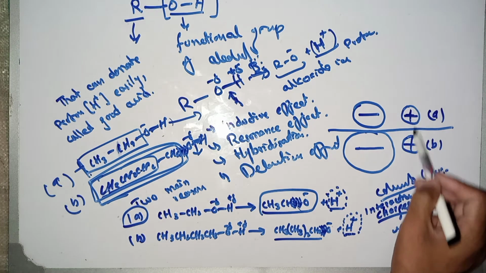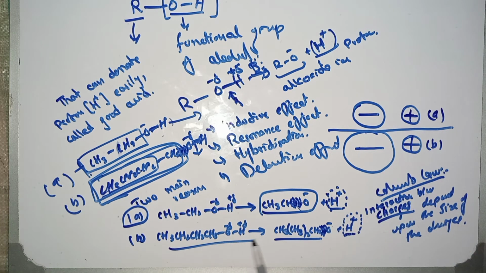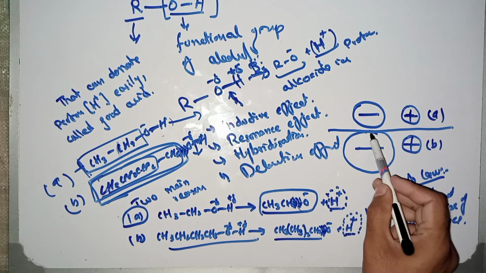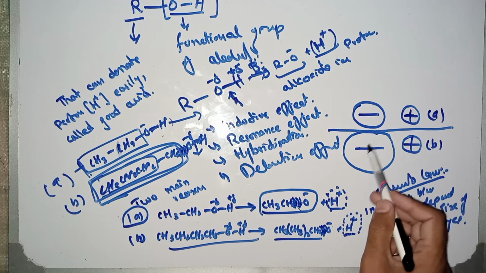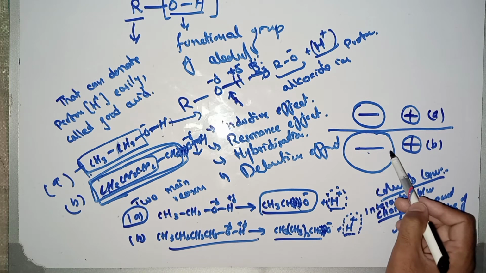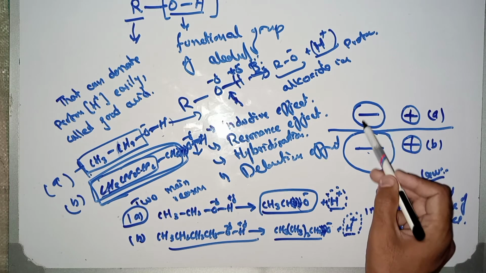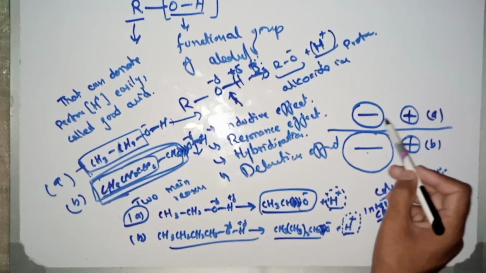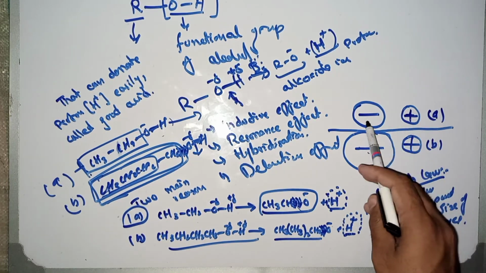So here in both cases the positive charge is the same, while in case of B, butoxide ion, the electronic charge on the oxygen atom is much greater. That's why the interaction between this negative charge and this positive charge will be much greater. While in the case of ethoxide ion and this proton, it does not have a big enough charge.